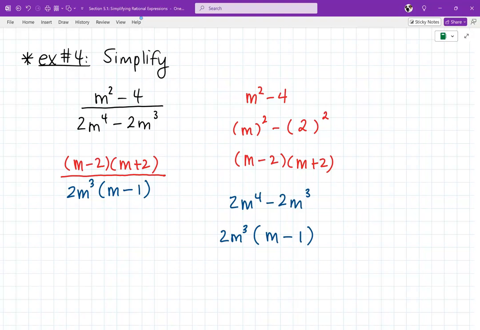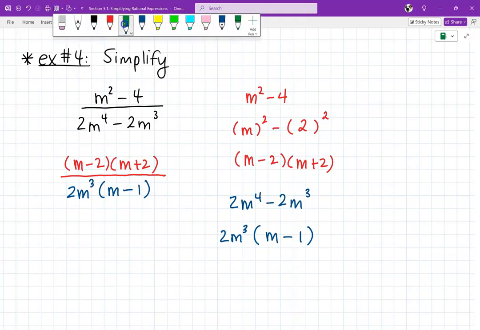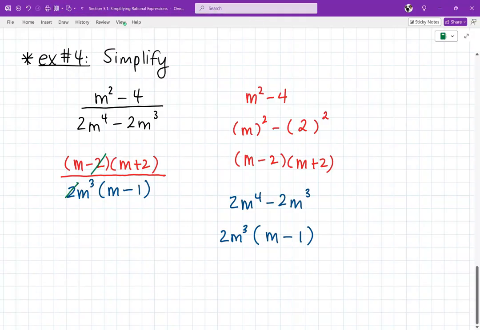Okay. Can I cancel anything out? No, I can't. Right? It would have been great if it would have said m minus 2 on the bottom, then I could have canceled out the m minus 2. But nothing happened. So I factored it, and I did what I was supposed to do, but there's nothing I can do. Again, do not do this, okay? Don't say there's a 2 here, there's a 2 here.